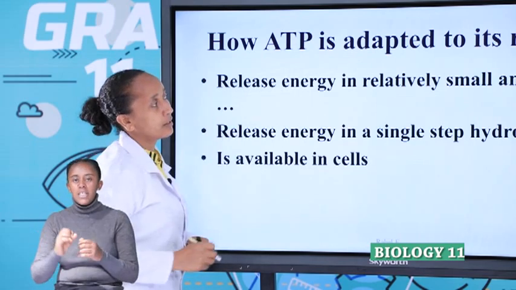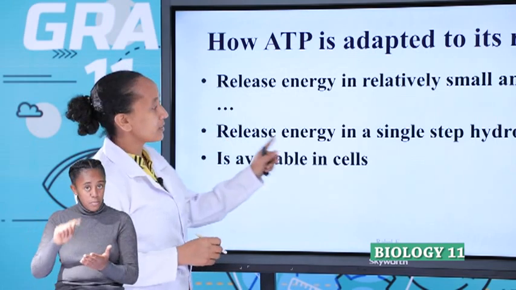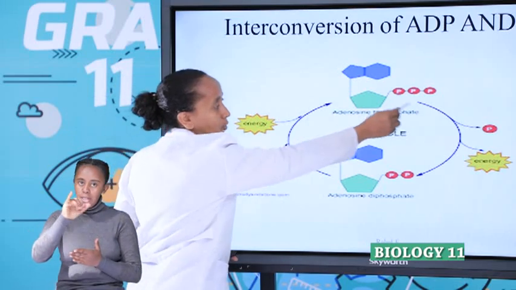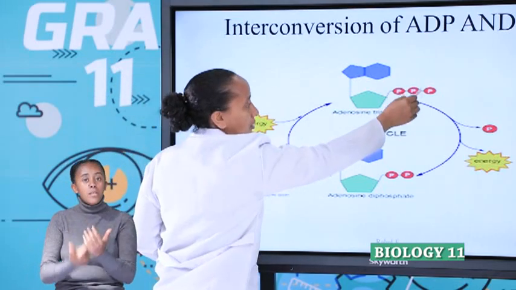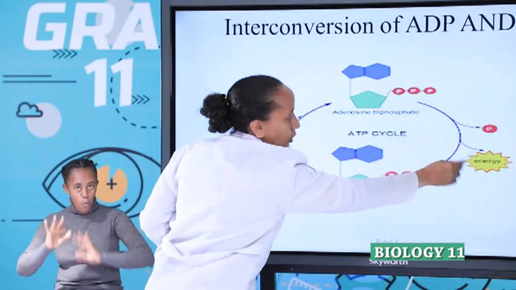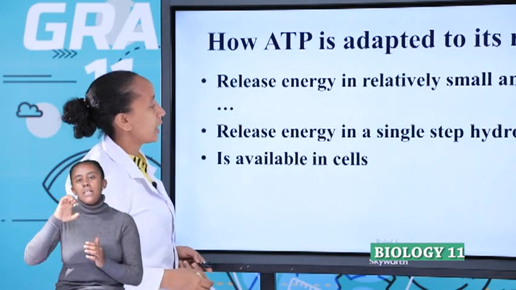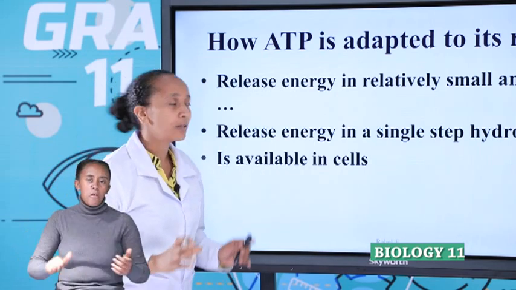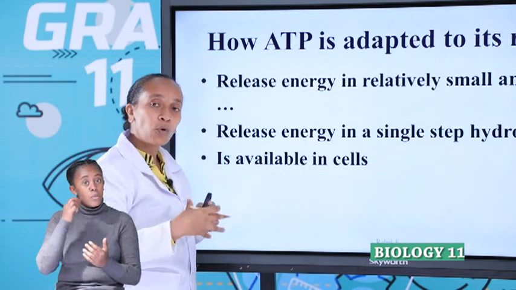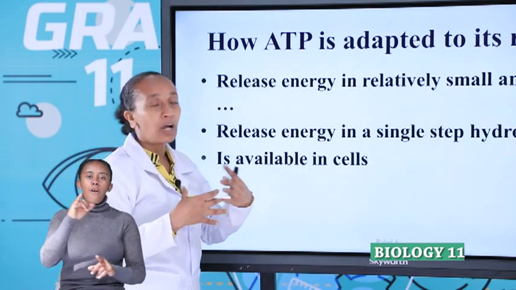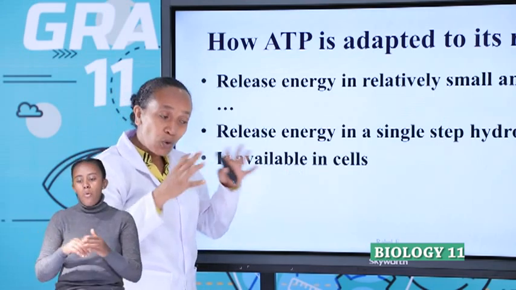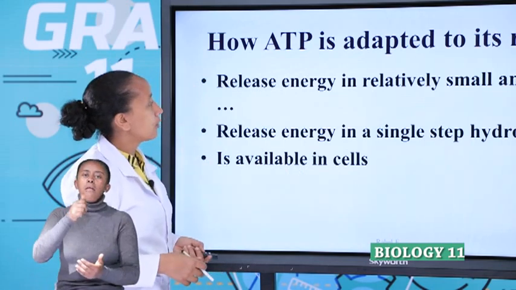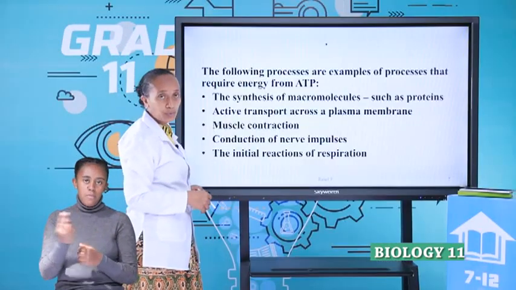Secondly, ATP is adapted to its role because it releases energy in a single step hydrolysis. A single step hydrolysis means that with a single step breaking down of the ATP molecule, energy will be released. It is also available in cells at any time. Why? Because ATP cannot leave the cell, and it is always present in the cytoplasm. So cells can use ATP for their metabolic processes.